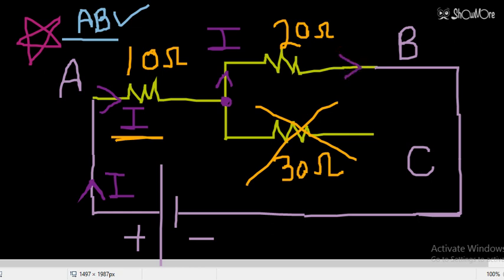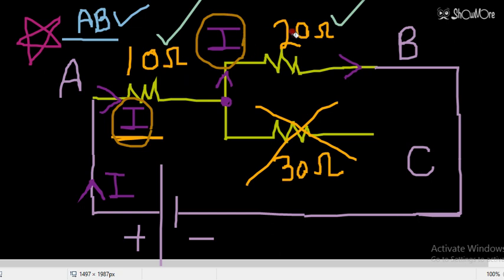Now you can check, same current is flowing. So this is 10 ohm, this is 20 ohm. So these two are now in series because of the same amount of current. You can see the same amount of current I is flowing through these two resistances. So they will be in series.